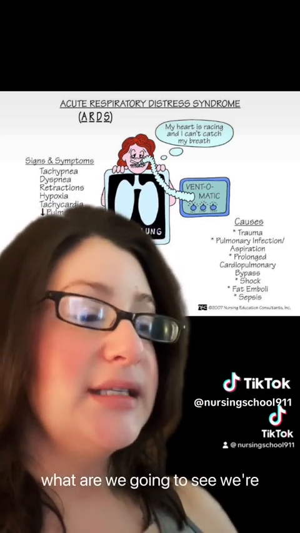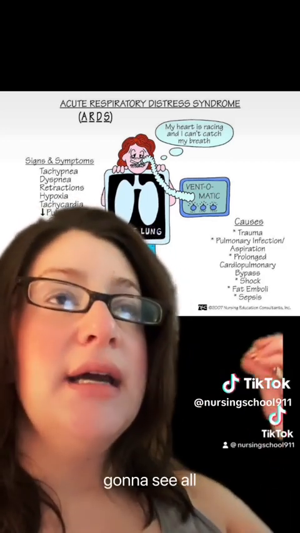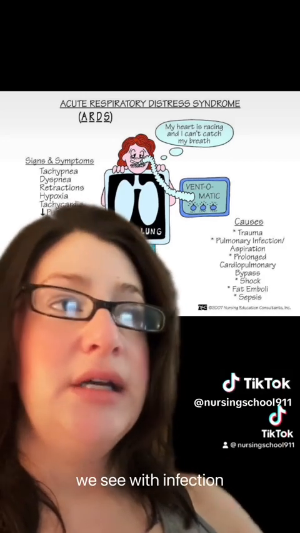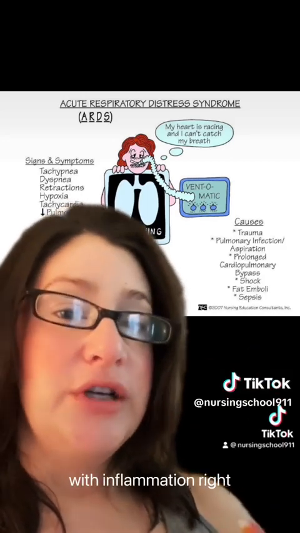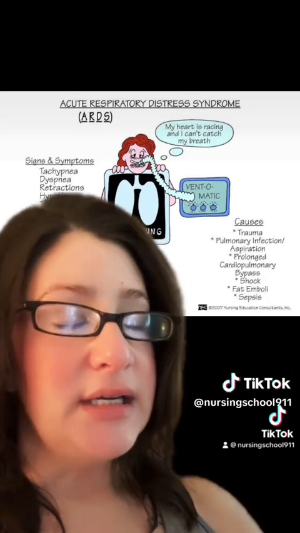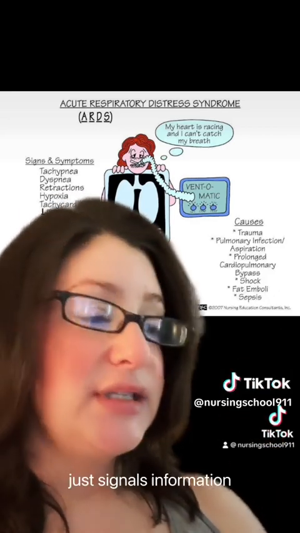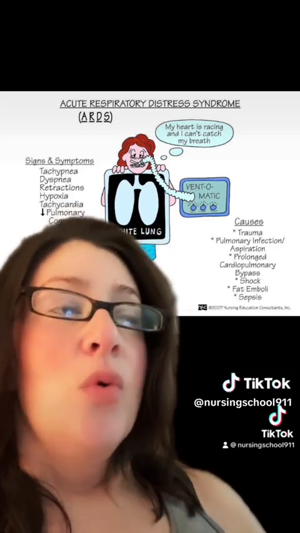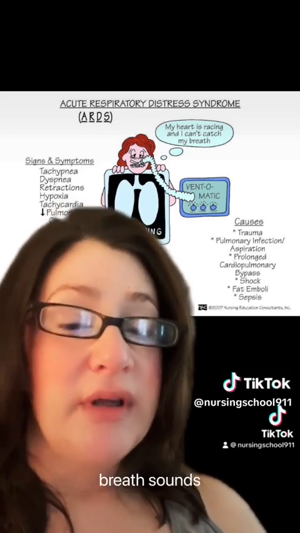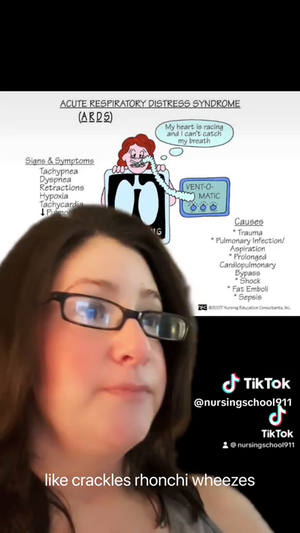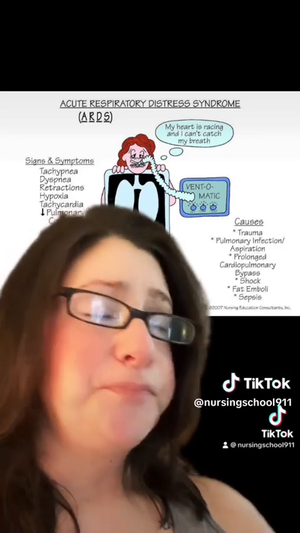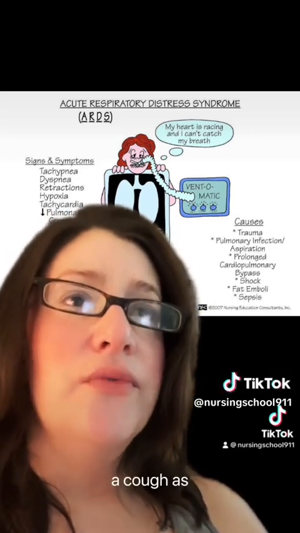So what are we going to see? We're going to see all those things that we see with infection, with inflammation, right? Increased WBCs, fever, an increased CRP, which just signals inflammation. We'll hear adventitious breath sounds like crackles, rhonchi, wheezes, obviously a cough.